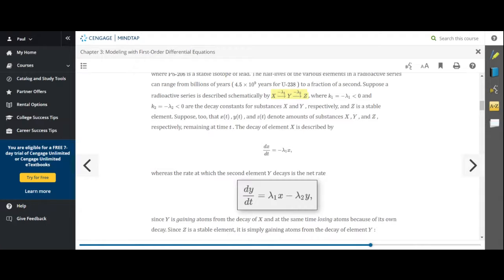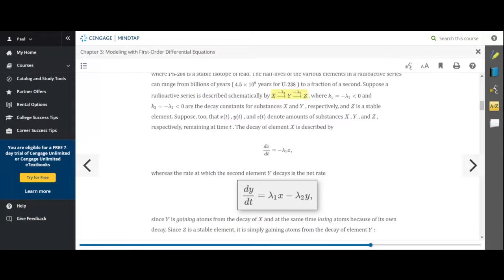Is it because it's being created from X? That's right, Antonio. Very good. Y is being created from X. So the atoms that X gives up go to Y at the same rate, lambda 1 X. However, what's happening to Y? Simultaneously, Y is decaying into what element?